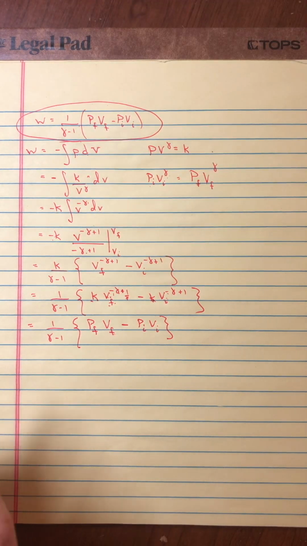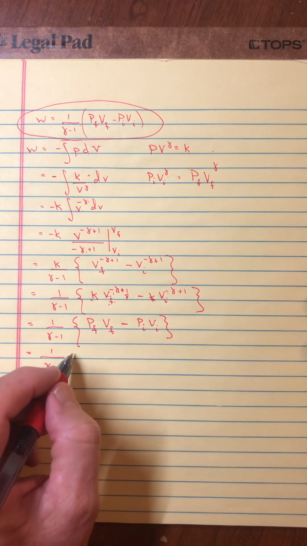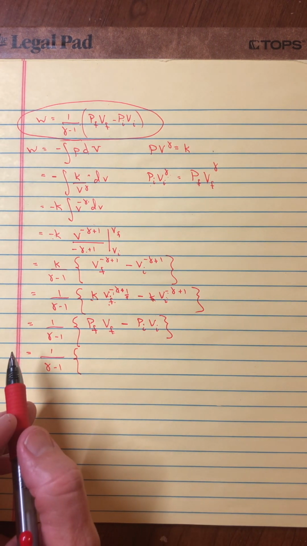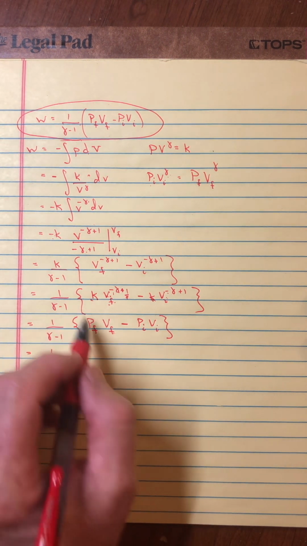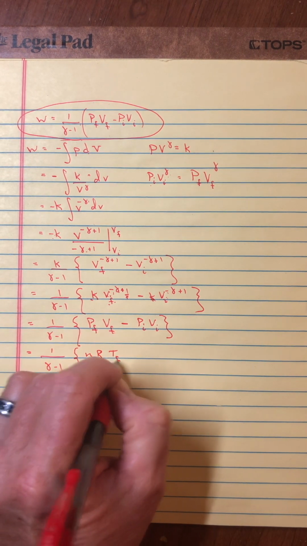And, by the way, kind of the third idea that popped in my head is you could then use the ideal gas law, because pressure times volume is NR times final temperature.